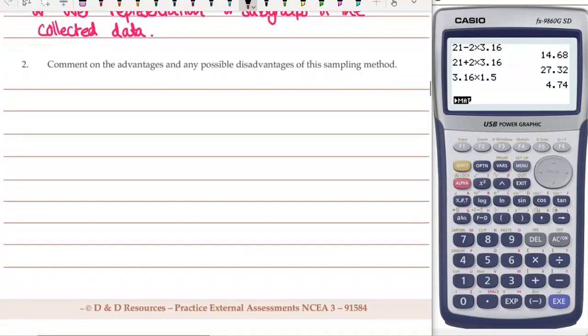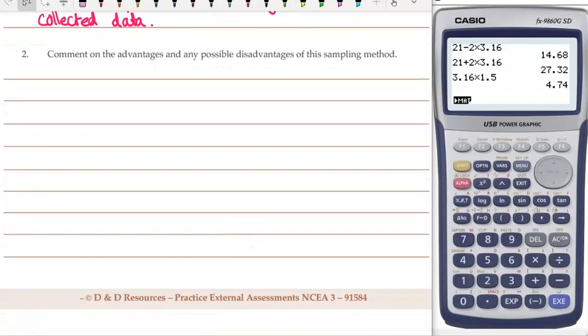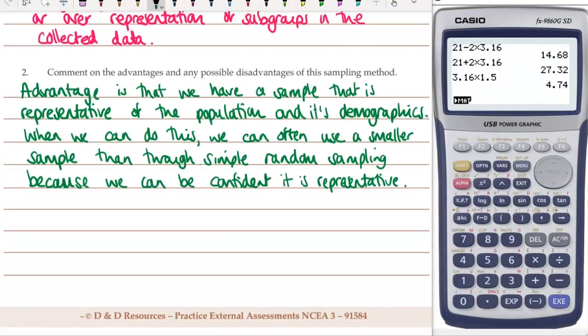Let's comment on the advantages and disadvantages of doing this. It also means we can take a smaller sample because we know within the sample we're getting we're already being representative. When we're not sure about that, we have to take a large sample to make sure that we capture all of the different elements of our population.